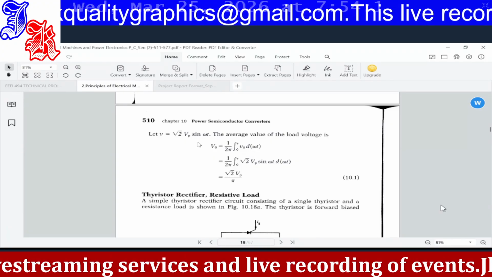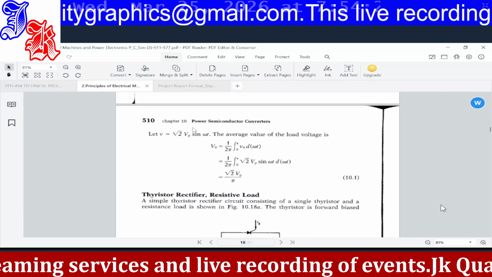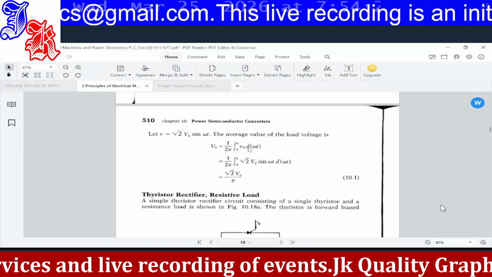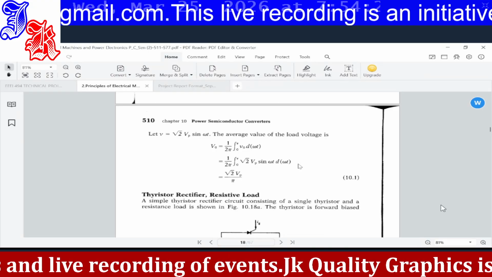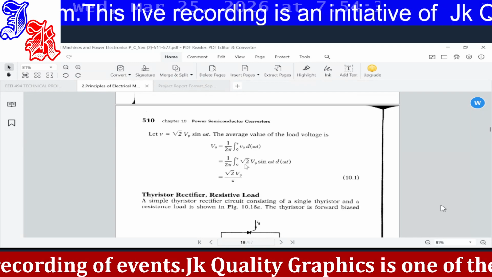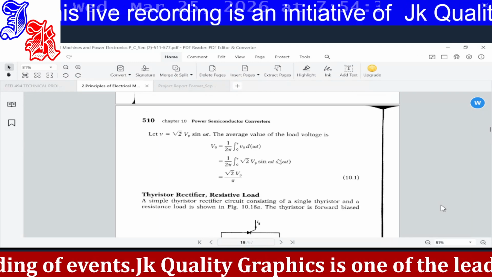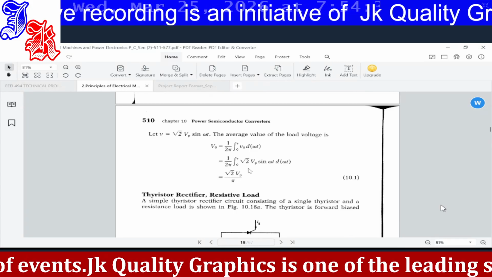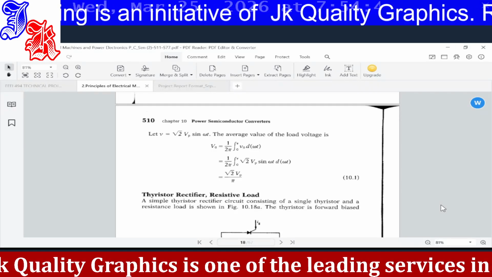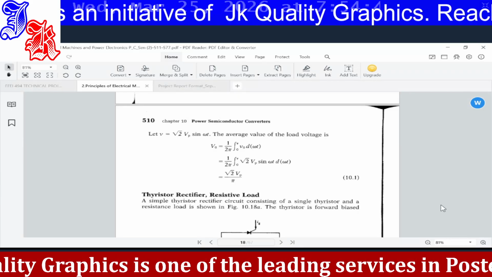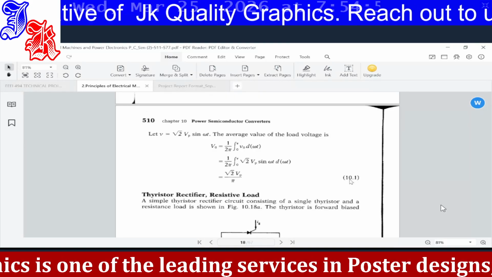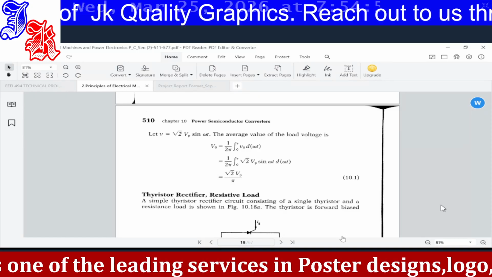Then you substitute this output voltage with this, and you put root 2 Vp sine omega t d omega t. Then you integrate. When you remove the constants outside, so root 2 Vp are constants, then you integrate sine omega t. When you integrate sine omega t, what do you get?